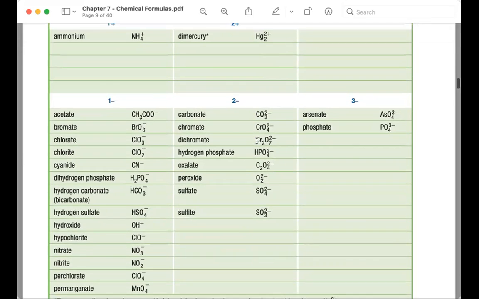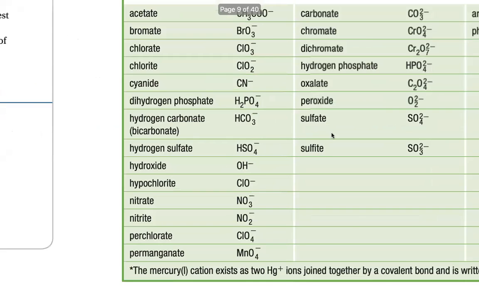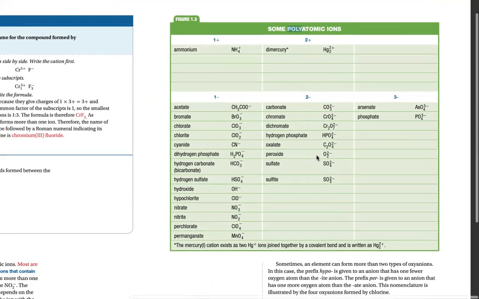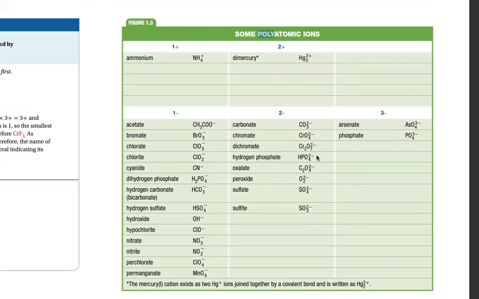And here's the bad news. There's only one way to learn them, and that is through memorization. And I will tell you that I absolutely hate memorizing because I don't consider that learning.